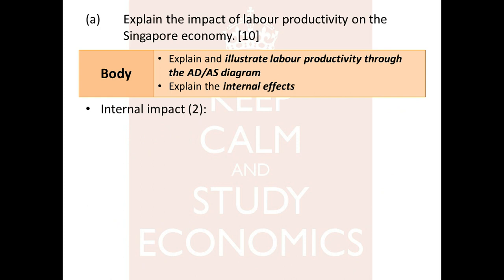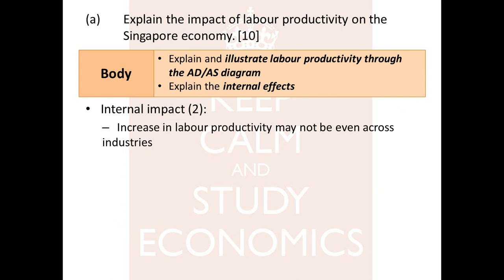Now, let us move on to the next internal impact. Now, you need to realize here that increases in labor productivity may not be even across all industries. That means in certain industries, the labor productivity will increase by, say for example, a lot. Okay? While other industries, they may only increase by a little or even not at all.